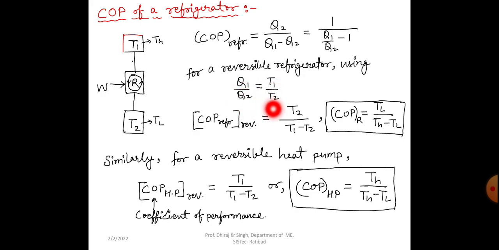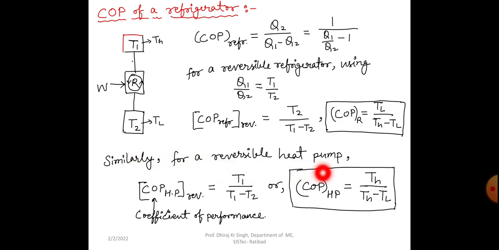We have studied these formulas in thermodynamics. So COP of a reversible refrigerator is equal to T lower divided by (T higher minus T lower). Here T lower is our temperature T2, T higher is our temperature T1. So COP of a reversible refrigerator is T2 divided by (T1 minus T2), or TL divided by (TH minus TL).